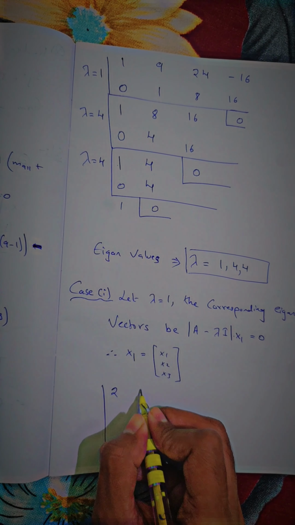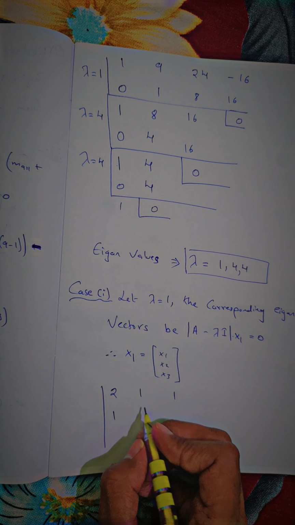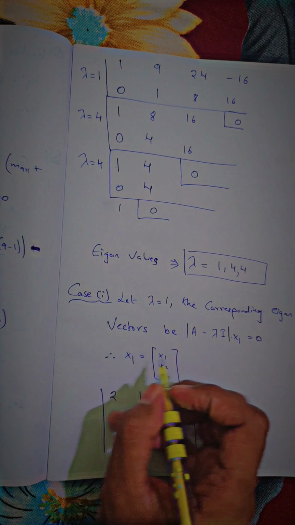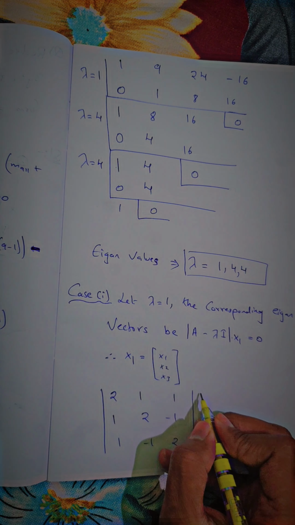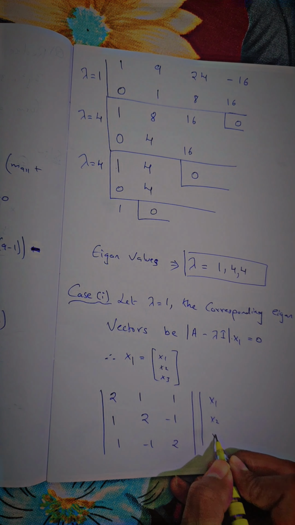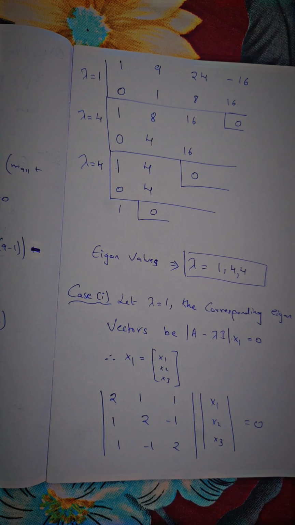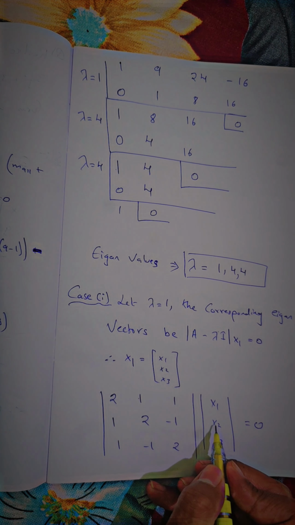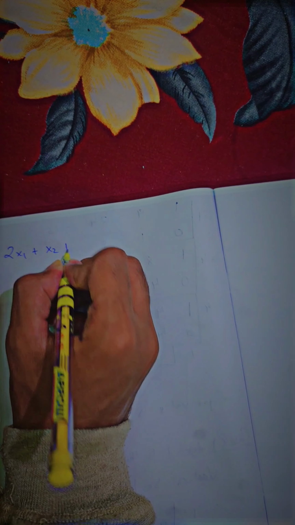Right, here 2 1 1, 1 2 minus 1, 1 minus 1 2, and here it is completed. From this we get an equation: 2x1 plus x2 plus x3, like this.